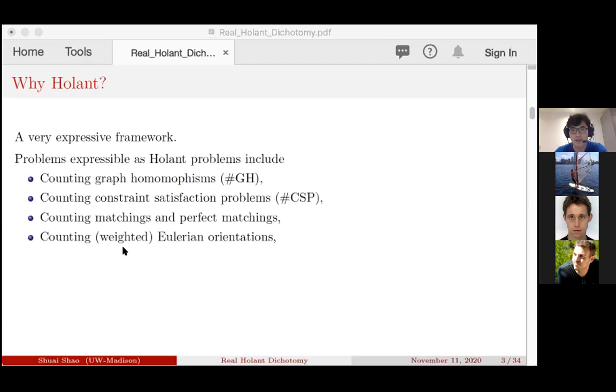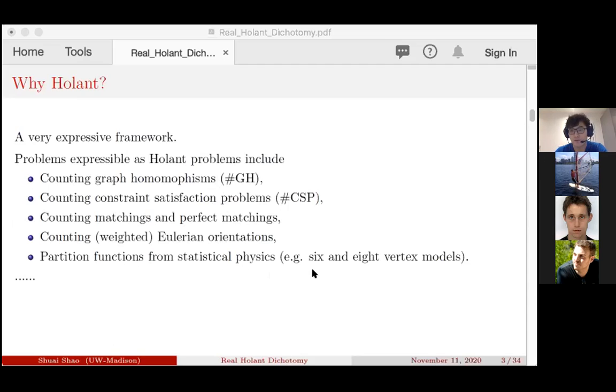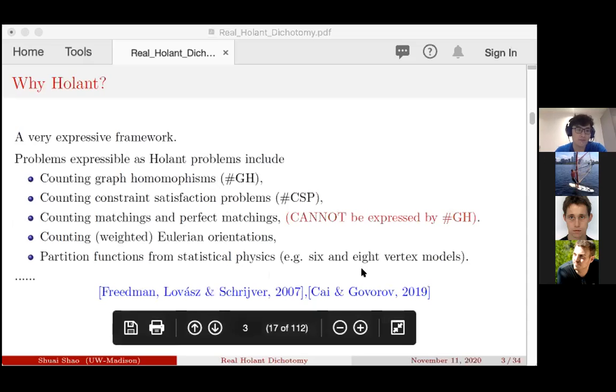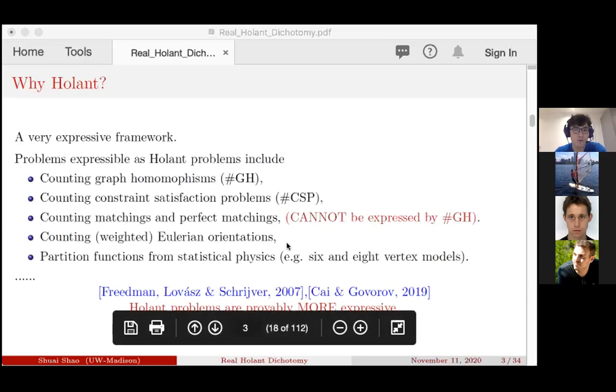Other problems include counting weighted Eulerian orientations, and also computing the partition function of many models from statistical physics, for example, the famous six-vertex model and eight-vertex model. Moreover, it is proved that counting perfect matchings cannot be expressed by counting graph homomorphisms, even with any complex weights. So Holant problems are probably more expressive.